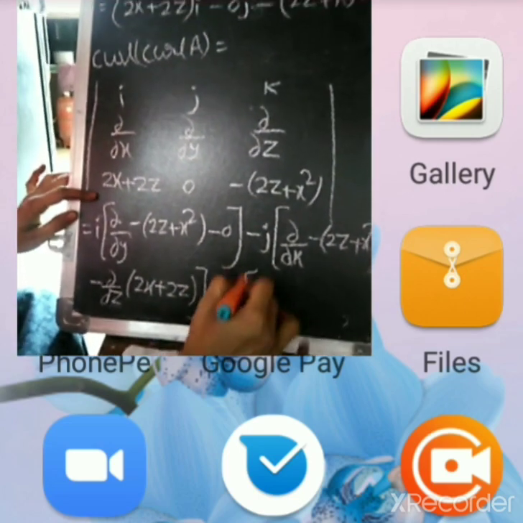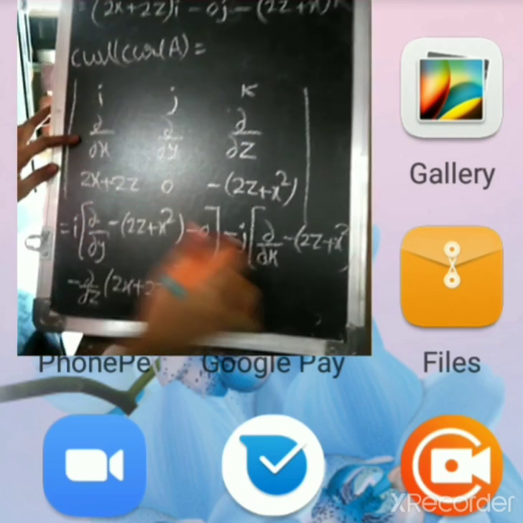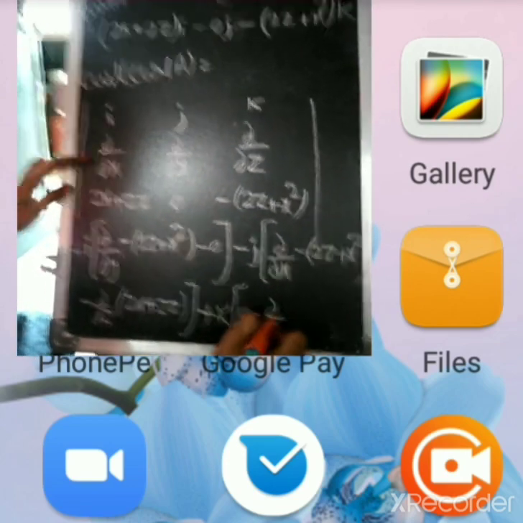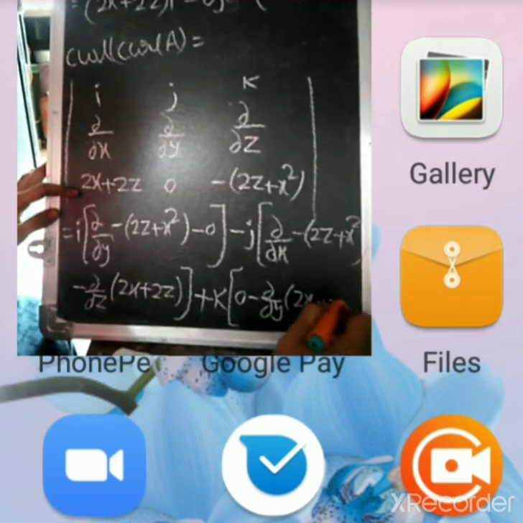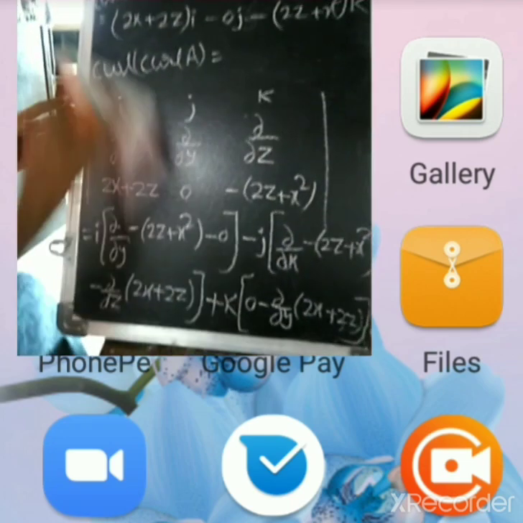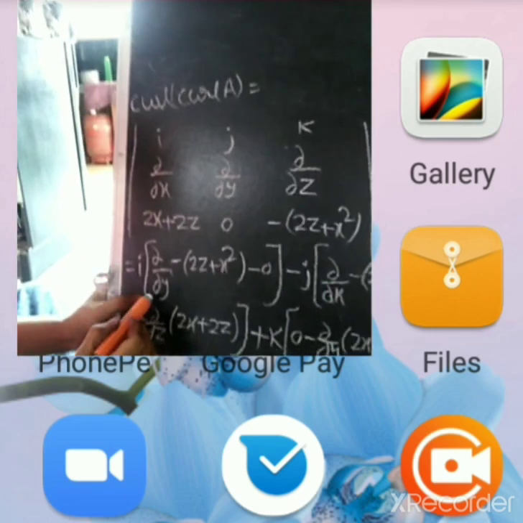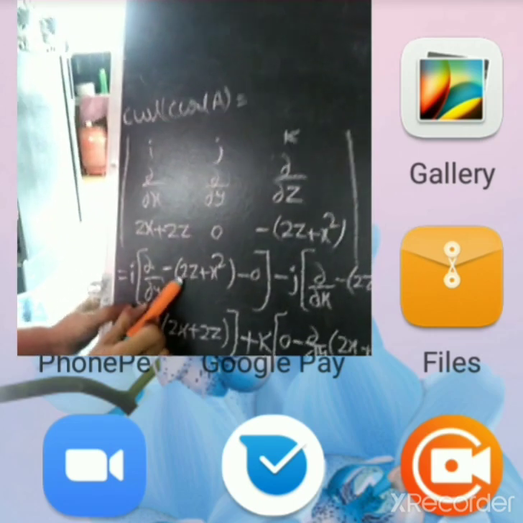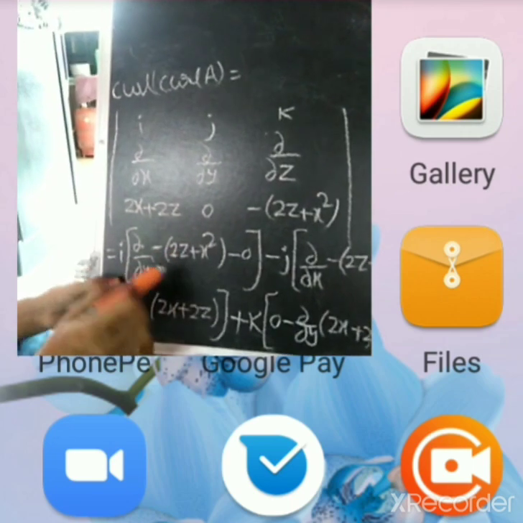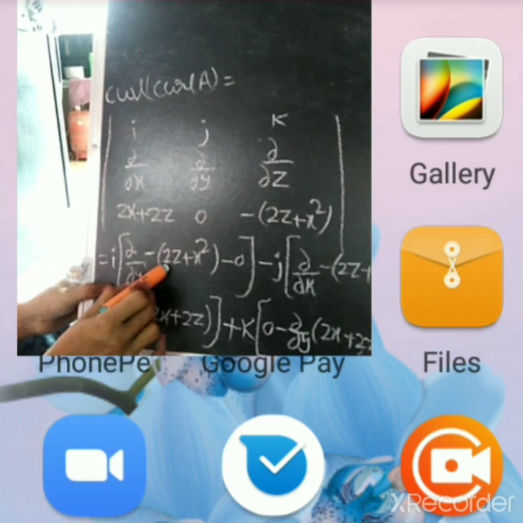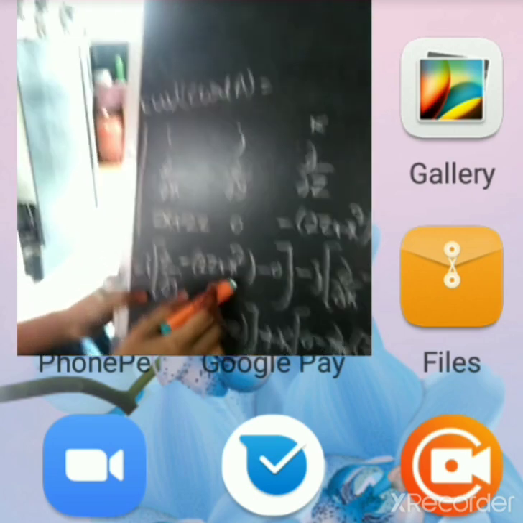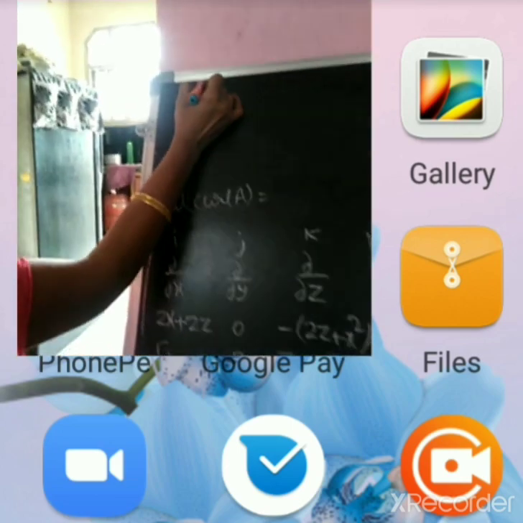Next, plus k into 0 minus dou by dou y of 2x plus 2z, or 2z plus 2x. So simplify this one. With respect to y, here we can see whether there are y values or not. There is no y term in this, here 2z and x square, so the value is 0. So that is 0 i.